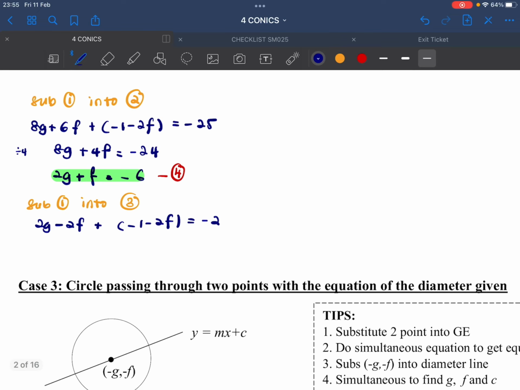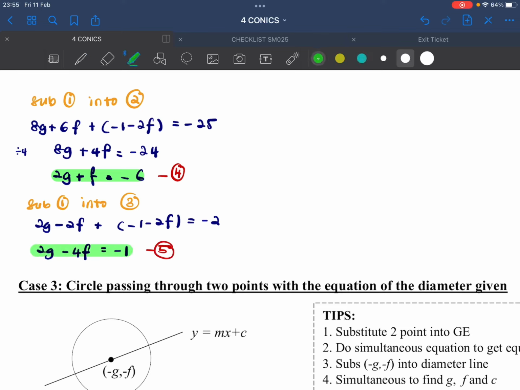So here we have 2g minus 2f, we have minus 4f. And here we have negative 2 plus 1, we have negative 1. Okay, so cannot simplify, so leave it like that, which is our fifth equation.